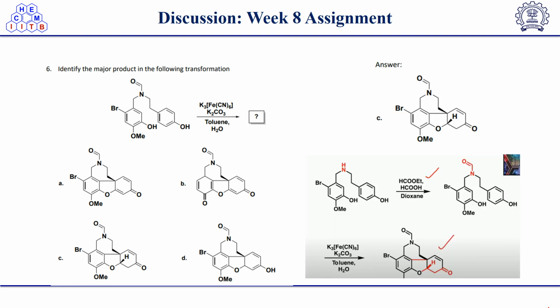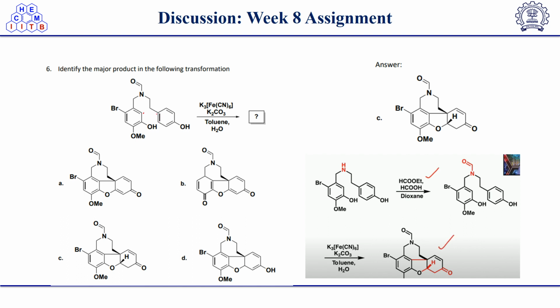So here, as we discussed earlier, here also oxidative phenolic coupling is happening. That is, first this will be converted into quinone. Here one radical will be formed, and this will be converted into paraquinone, and here also a radical will be formed.